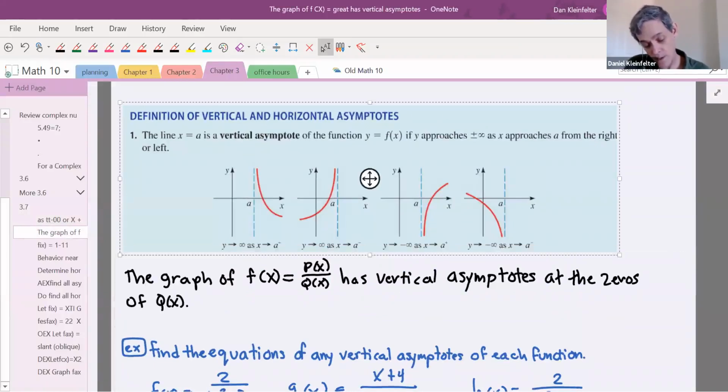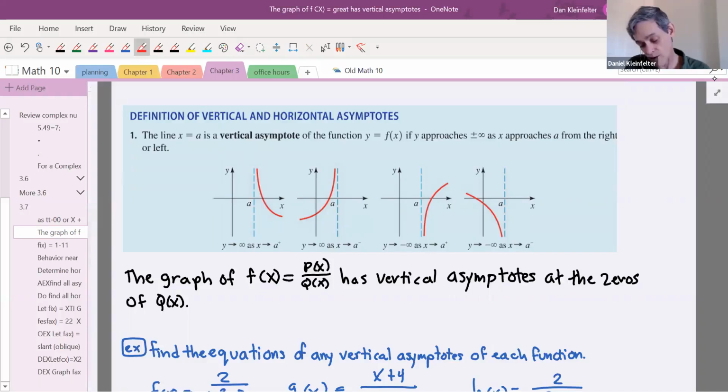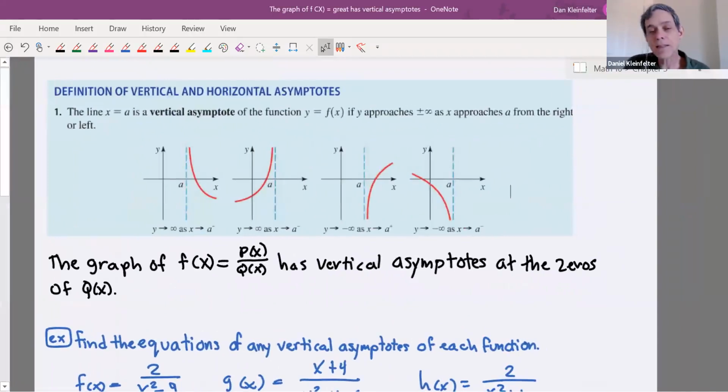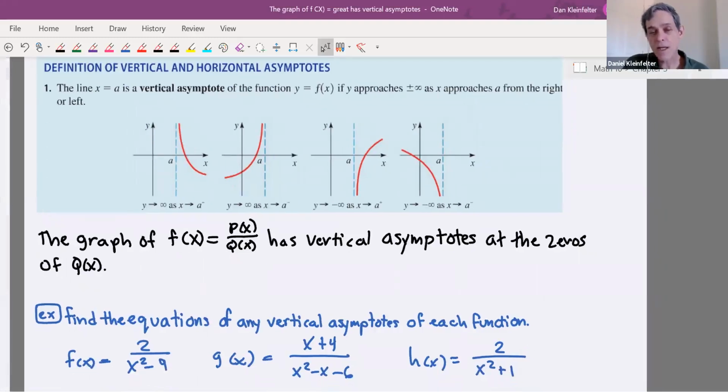Okay, so this graphic is repeated from the prior page, so you don't have to worry about that. So we need to see, based on the formula for the function, how do you go about finding what those asymptotes are? It turns out that the asymptotes come from the zeros of the denominator. Remember, our f of x is p of x over q of x, and so it'll be the zeros of q of x.